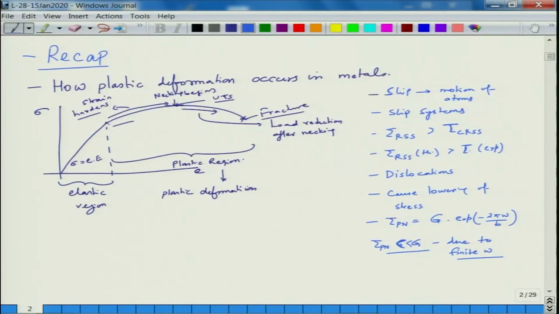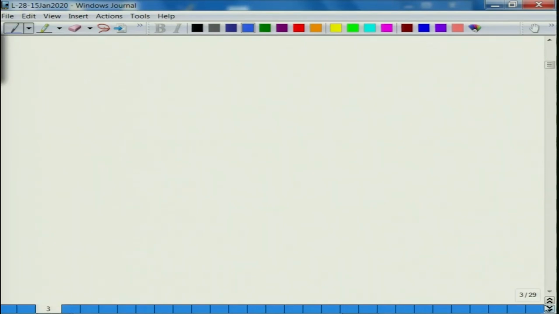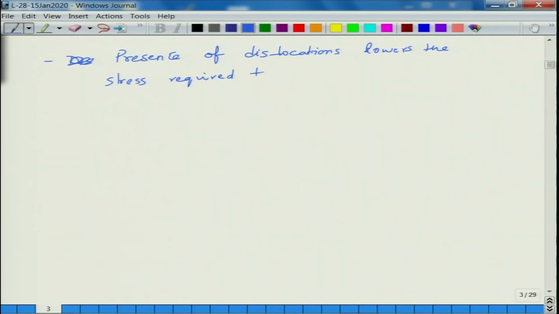So, now what we are going to see is that we have seen that the presence of dislocations lowers the stress required to cause deformation.